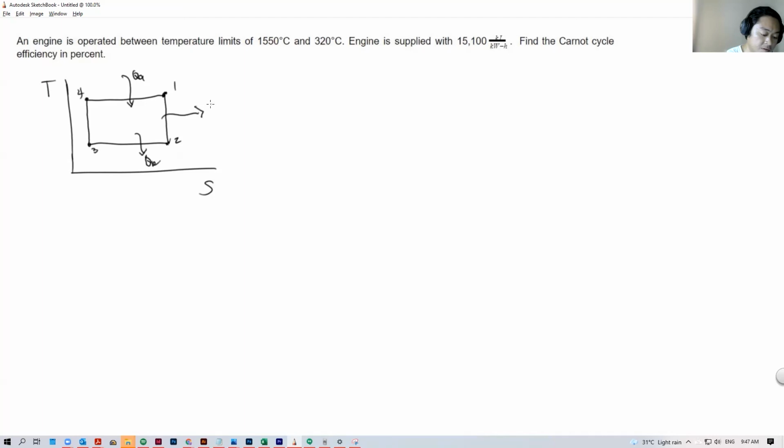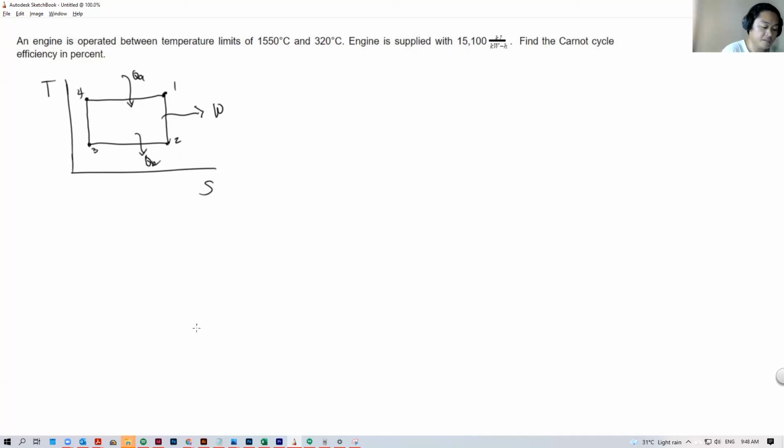From 1 to 2, this is an isentropic expansion, and the system is doing work. From state 2 to 3, it's a constant temperature process where heat is released, and from state 3 to state 4, it's isentropic compression, and from state 4 to state 1, it's an isothermal heat addition.